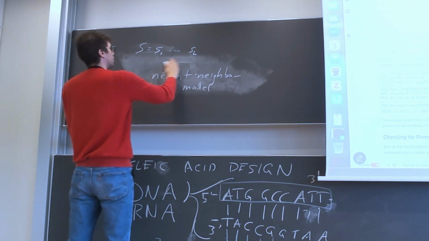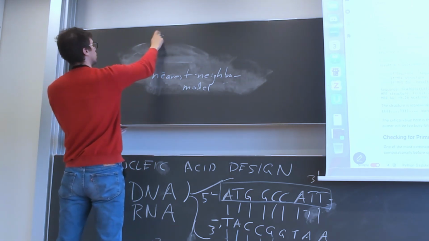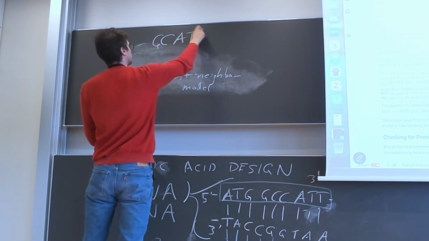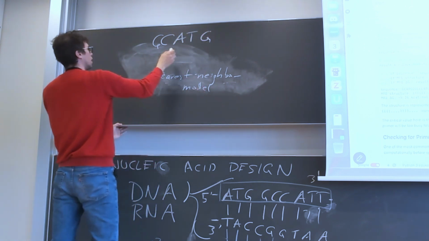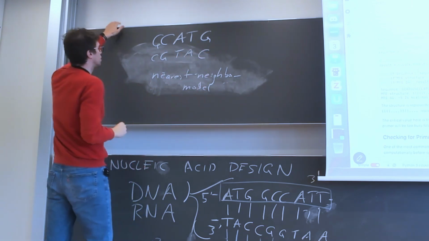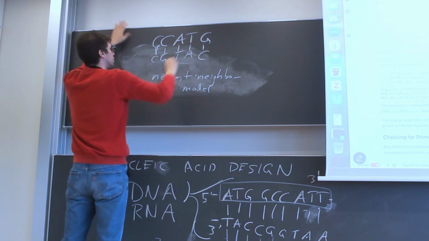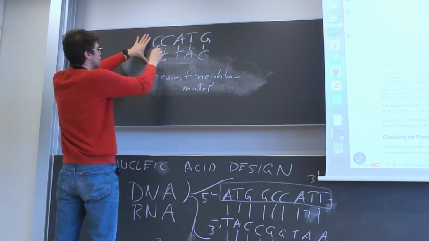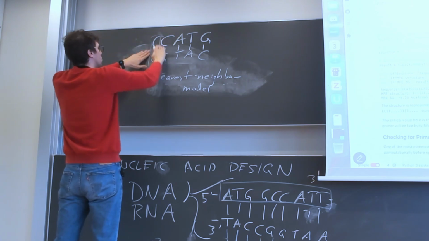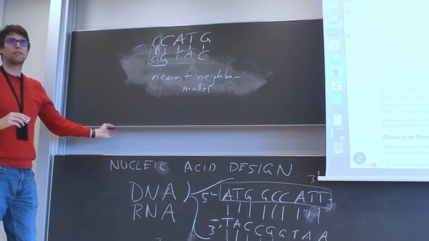Let's pick another example here. It tells you that the energy of this conformation is not just one term for every base pairing, but one term for every adjacent pair of base pairings.